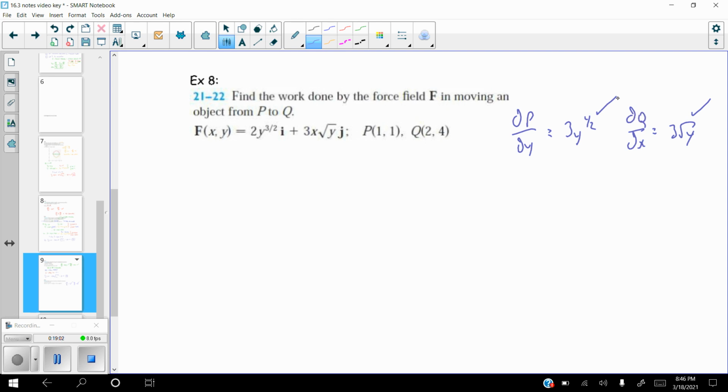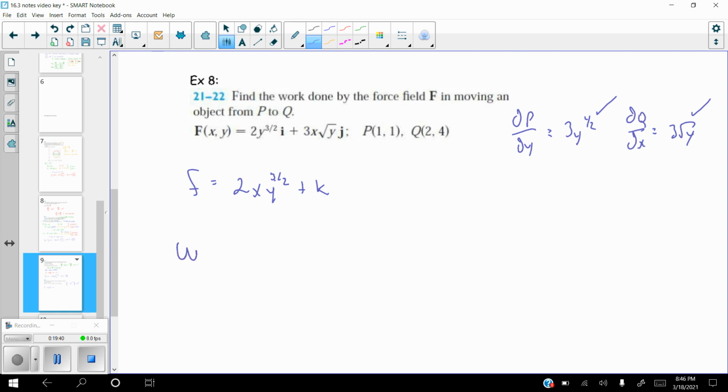So that means that we can find f, and again, I'm going to go off a little bit of intuition here. f is going to end up being, let's see, the antiderivative, so it's going to be 2xy to the 3/2. If you took the derivative of that with respect to y, you would get the 3y square root of y. So again, that's going to be plus k. All right. And then we're going to use the fact that this is conservative.